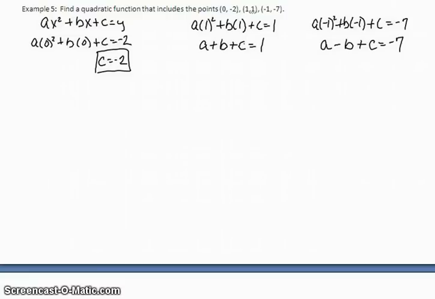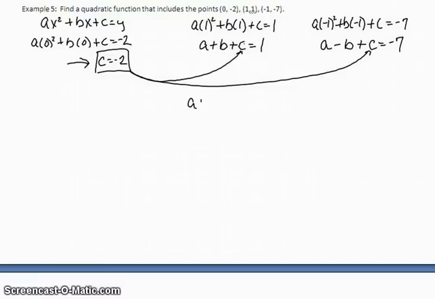Step 1, substitute in those ordered pairs, x and y, into ax squared plus bx plus c equals y. Now I solve one of them for c. Fortunately for us, that's already done. c is negative 2. So I take this and I'm going to substitute it in to those other equations.